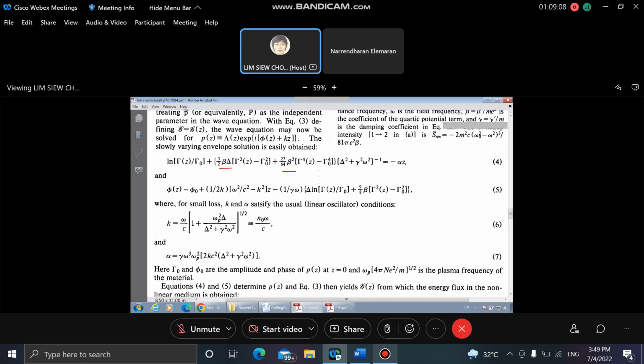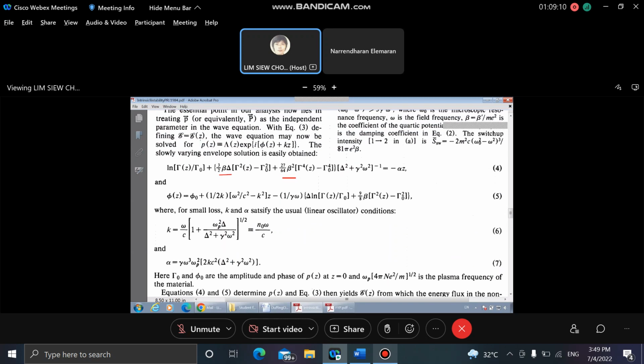Okay, the function of Z, you look at this is the article that we use. The article considers the function of Z because all the time factor exponent is already cancelled in the equation. We left only the PZ.